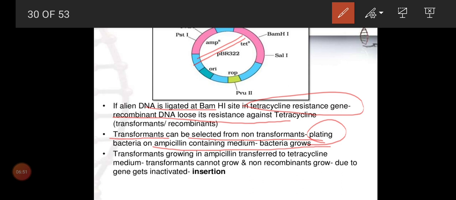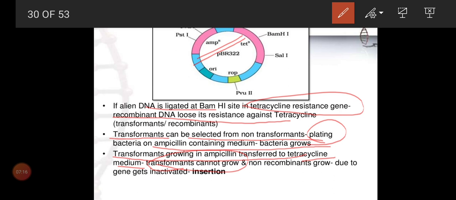Okay, next come to the second point. When transformants growing in ampicillin are transferred to tetracycline medium, transformants cannot grow. Why? We removed the tetracycline resistant gene, so this pBR322 containing recombinant DNA has no tetracycline resistant gene. So when we add this culture into tetracycline containing medium, it fails to grow. Why?